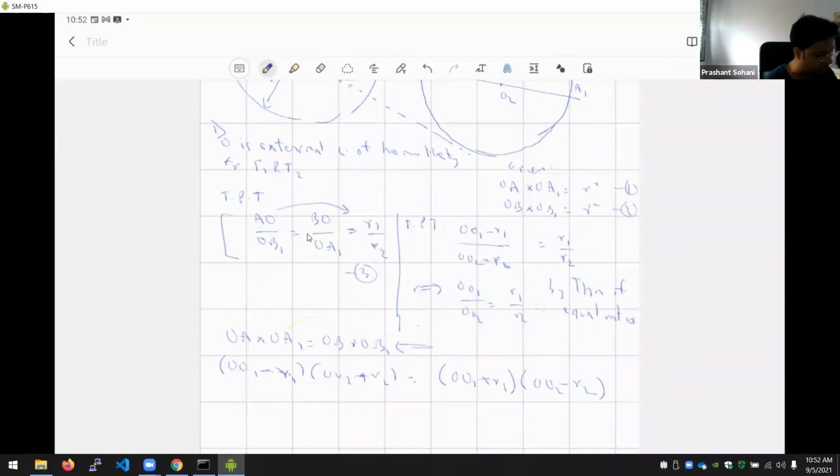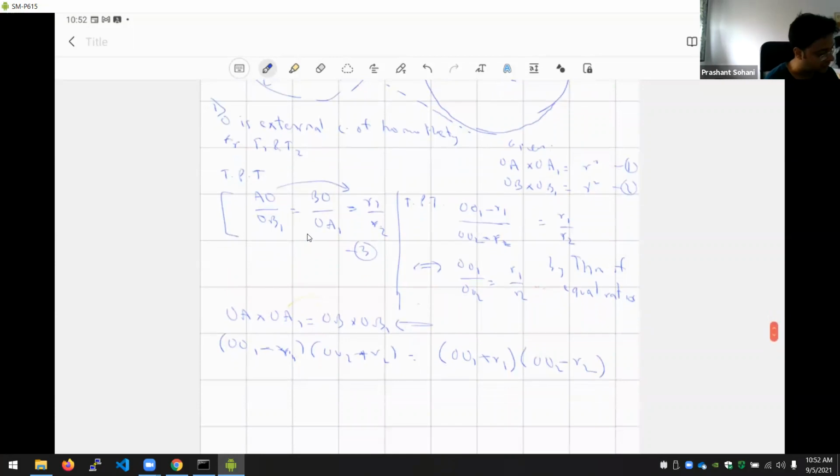R1R2 will also cancel out. I think only the cross terms will survive. So I will get OO1 into R2 minus OO2 into R1 equal to zero. If I take everything on one side, basically this means OO1 into R2 equals OO2 into R1. This is exactly equal to this.